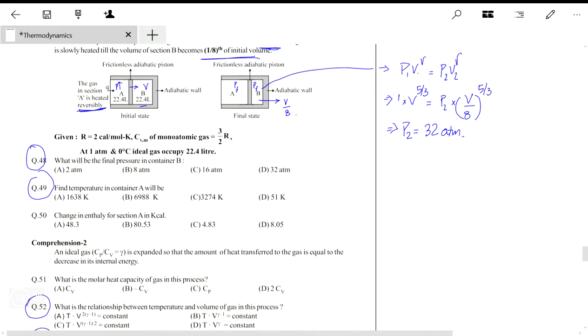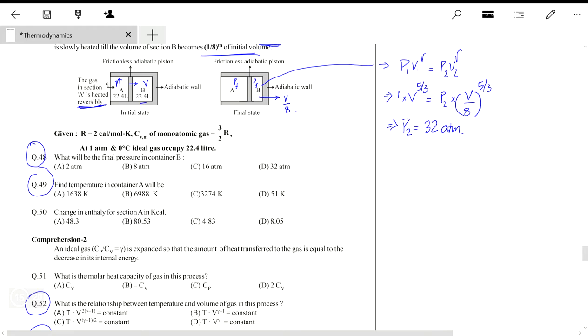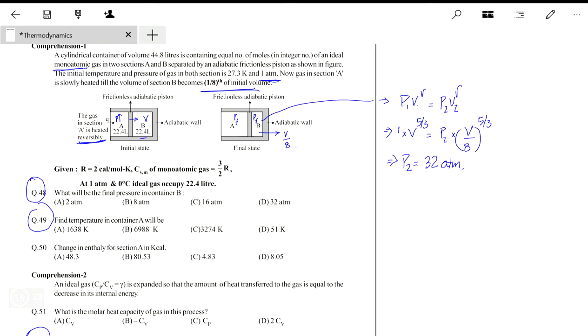Now question 49 says find the temperature in container A. For container A, you know that the final pressure, let's call it P2, is 32 atm. It has to be the same as in container B at that particular stage.